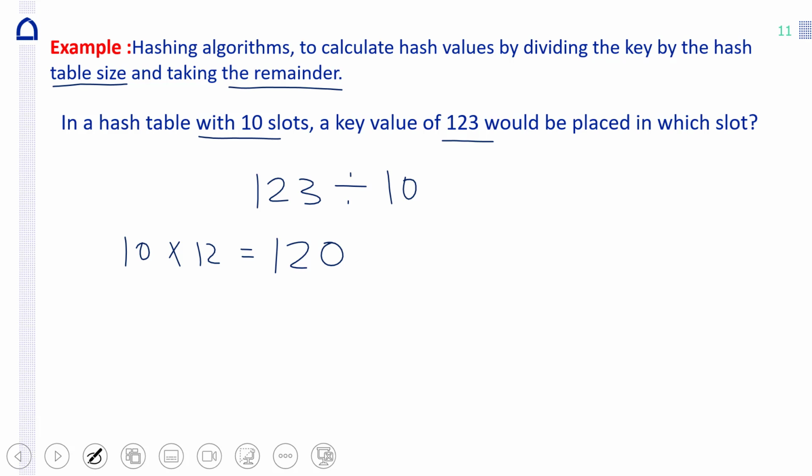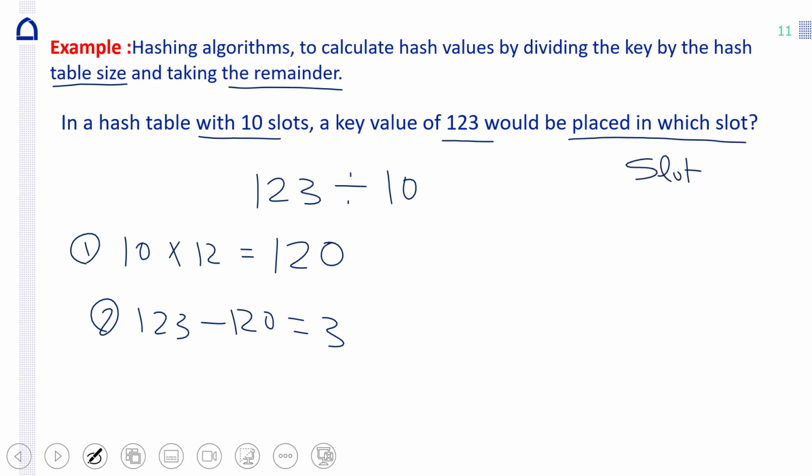Now 123 minus 120, I will have the remainder 3. So it will be placed in which slot? Slot number 3. Because the hashing algorithm is defined as the remainder of dividing the key, which is 123, by the table size, which is 10. And the remainder will be the number of the slot.